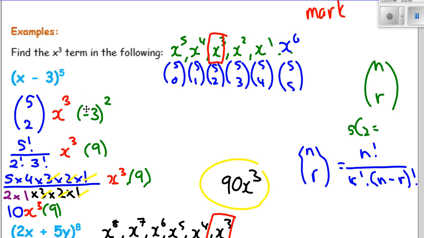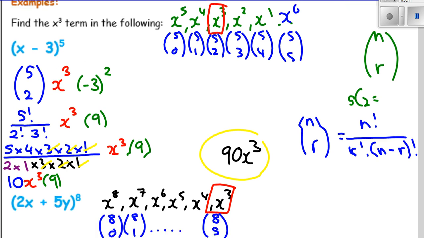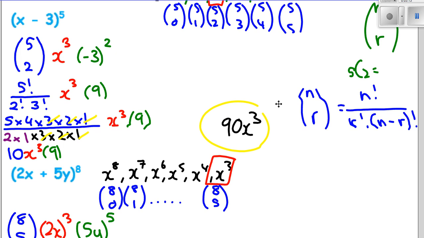We practice using the gorgeous formula, this one here, nCr equals n factorial over r factorial times (n minus r) factorial. On this page we practice doing it by hand as if it was non-calc. So it'd be 5 factorial over 2 factorial times 3 factorial, and you find a lot of cancelling down happens.